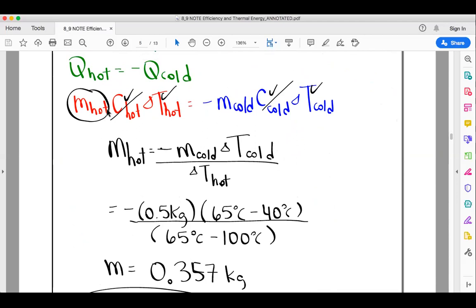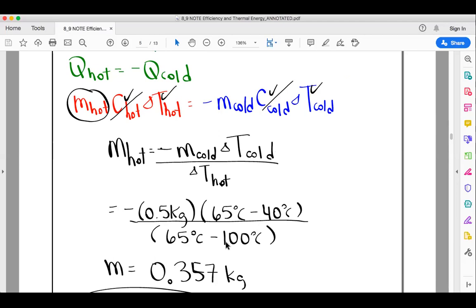If the masses were the same, you could cancel them out, but they're not. So M hot equals negative M cold delta T cold over delta T hot. Remember that delta T cold is final minus initial. This is going to be positive, and for the hot side, final minus initial is going to be negative. So the negative divided by the negative becomes positive.